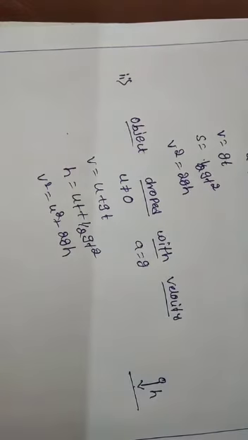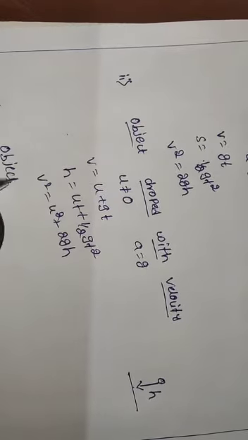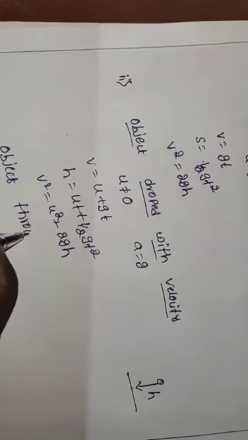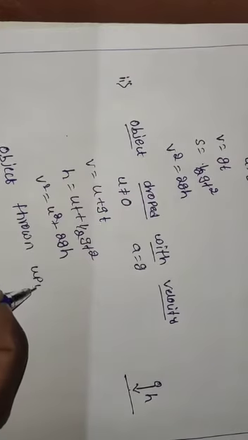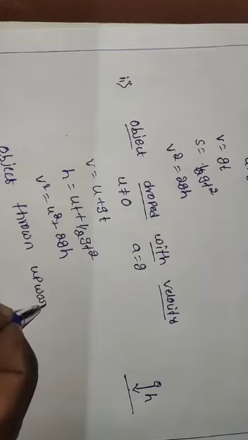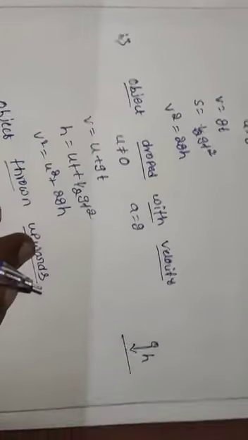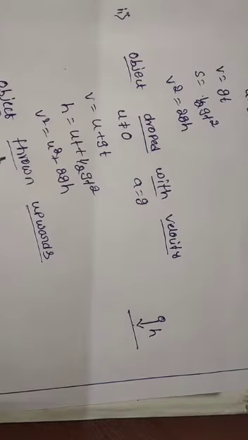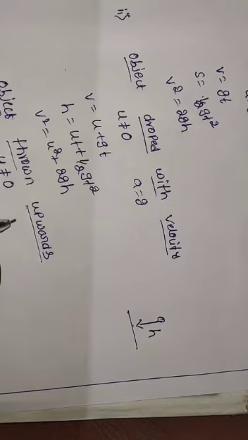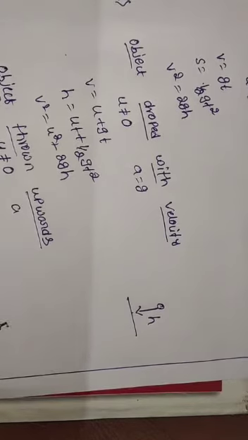And the third situation is the object thrown upwards. The object has some initial velocity, that is u not equal to 0.